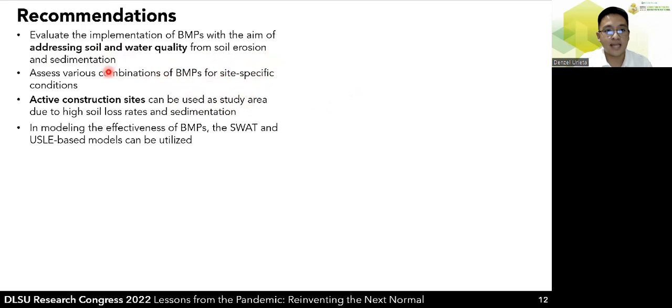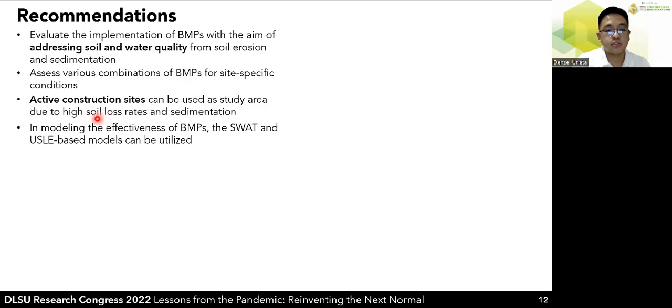Hand in hand with that is to assess the various combinations of BMPs for site-specific conditions. As mentioned, it's still important to understand the specific conditions of a site prior to evaluating and modeling BMPs, so that there will be an assurance that it most likely would work.